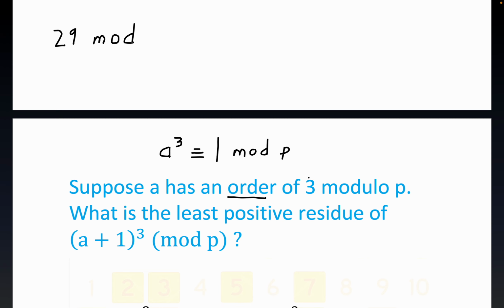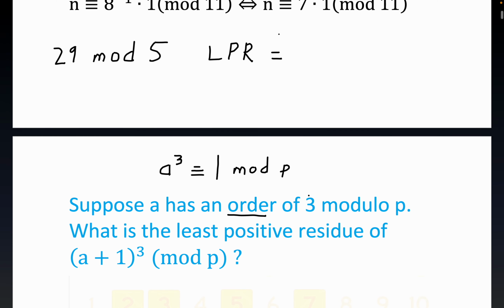So the least positive residue, if you'll allow me to abbreviate, the LPR, of 29 mod 5 equals 4. Again, if you divide 29 by 5, you get a remainder of 4, because 29 is 5 times 5 plus 4, okay?